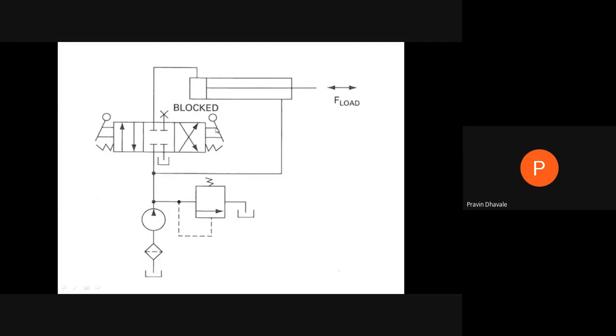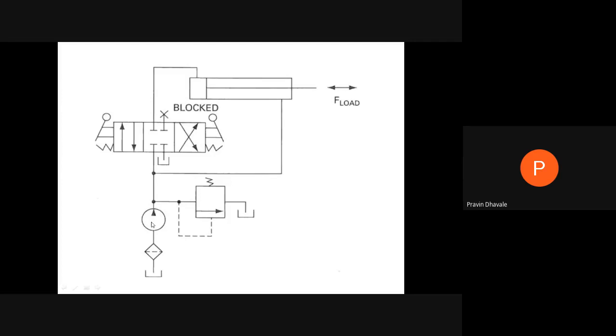Now, when you operate this position, what happens? Whatever the fluid coming from this pump now comes over port P, port P to port B. Now this port B is blocked, right? Because of the blocking, the pressure in the system goes on increasing because of back pressure.